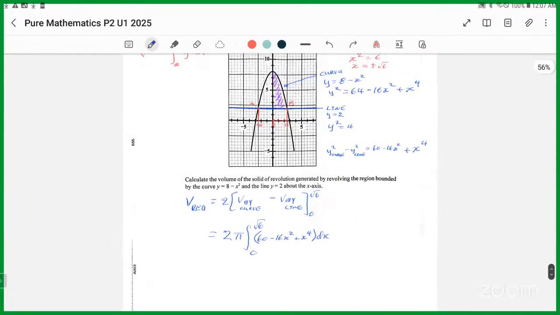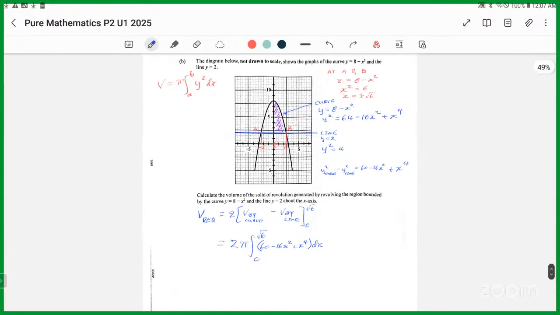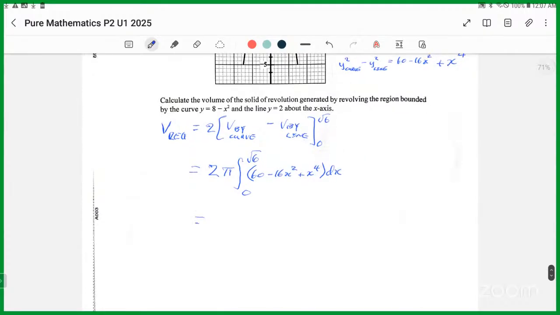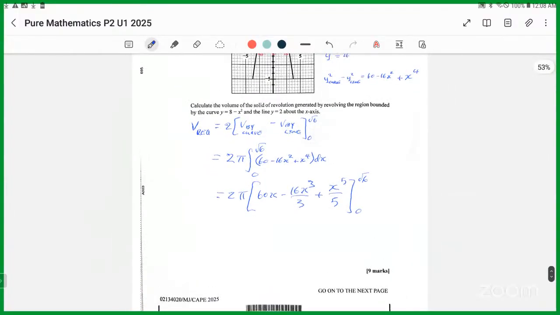So it becomes 2 pi times, integrating 60 gives 60x, then minus 16x cubed over 3, plus x to the 5th over 5, between root 6 and 0.